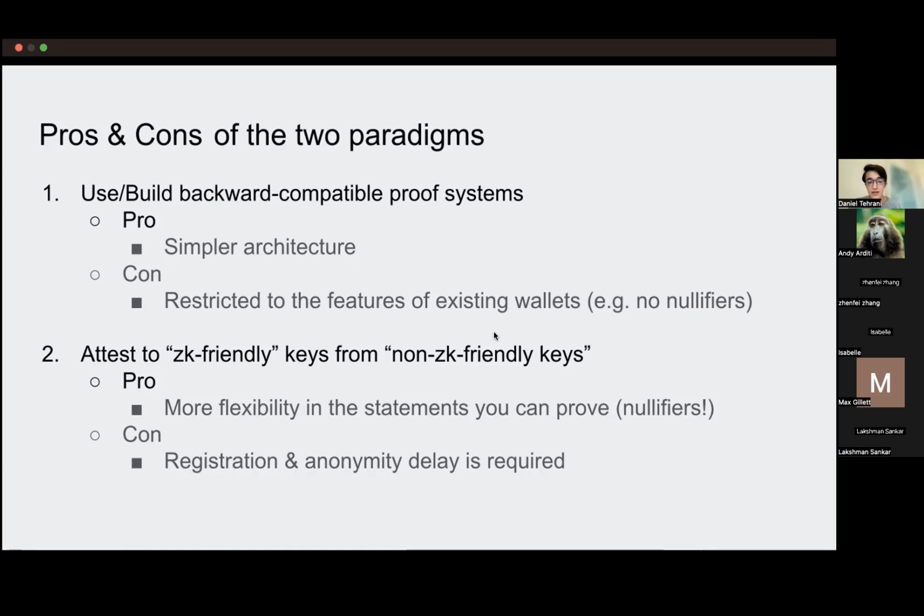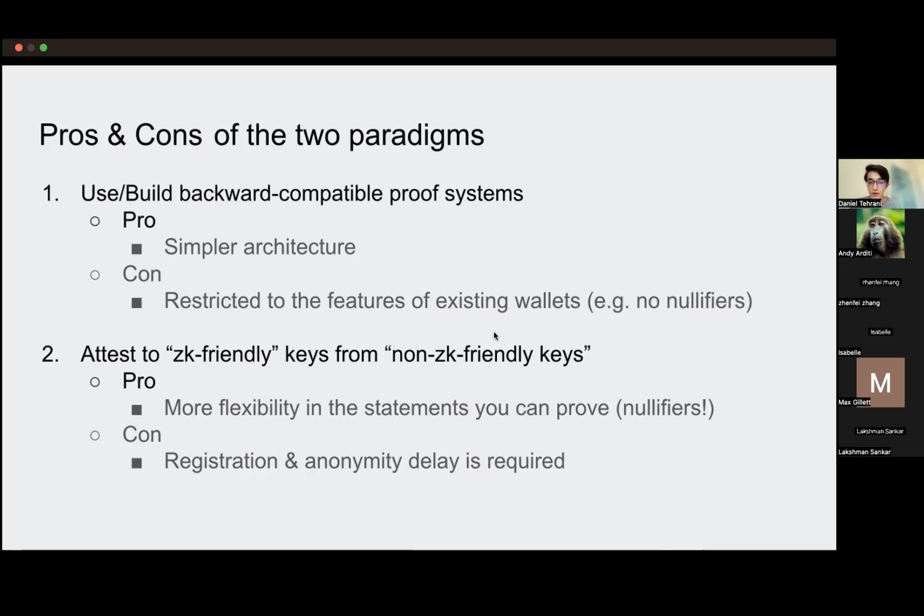The disadvantage of the second paradigm is that, as seen in the previous slide, there's this mapping in the smart contract, and users need to go through a registration process. Also, there needs to be an anonymity delay to preserve the anonymity of the user, because if you submit a proof immediately after you register, then your public key and your statement might be related.